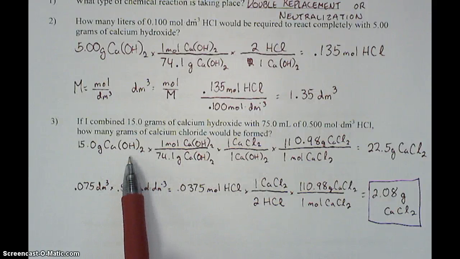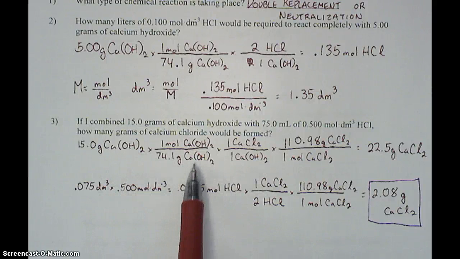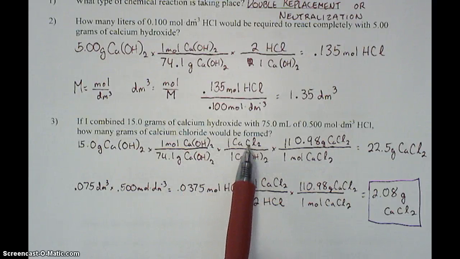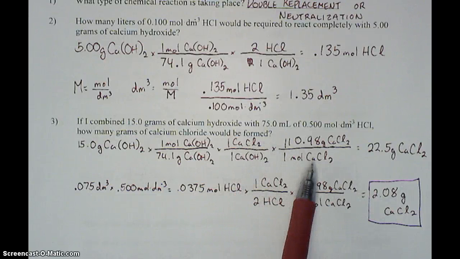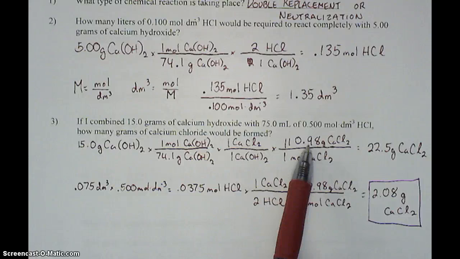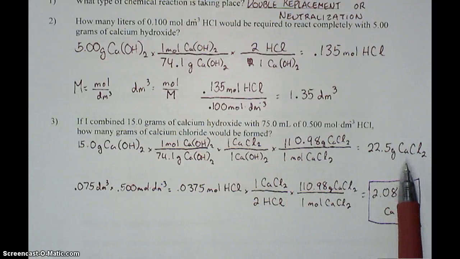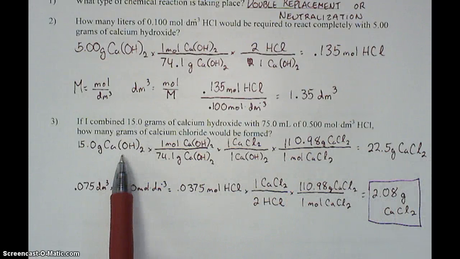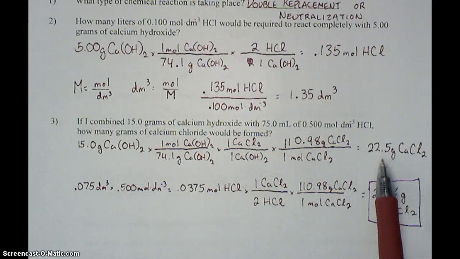I'll take my grams of calcium hydroxide, trade grams for moles. There's a 1:1 ratio according to our balanced equation, so I can trade moles of what I have for moles of what I need, and then figure out how many grams that 1 mole has using the periodic table. And that tells me that if I use up all 15 grams of calcium hydroxide, I will produce 22.5 grams of calcium chloride.